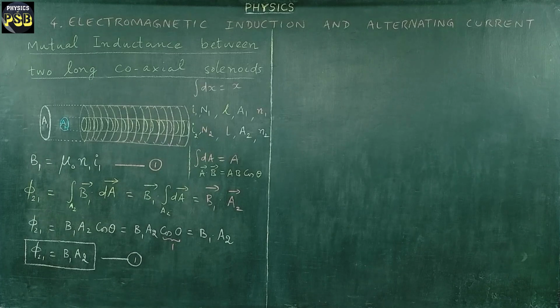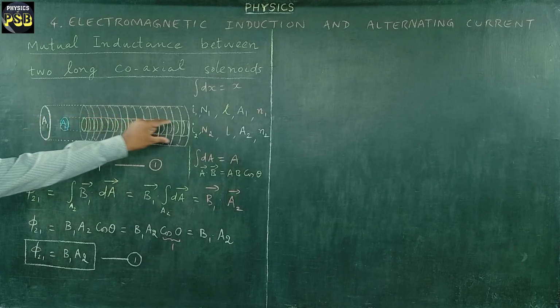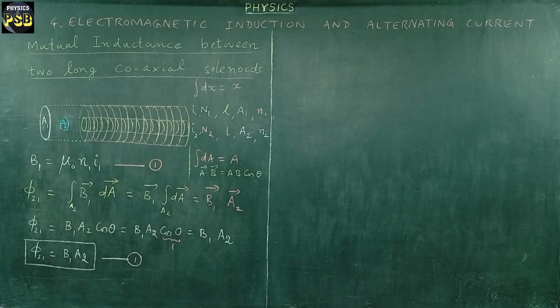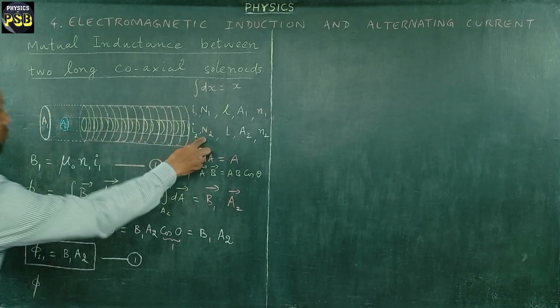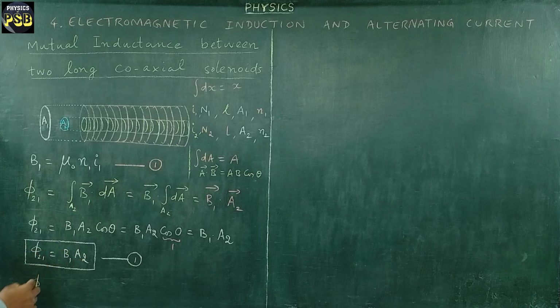What is the case? The total magnetic flux linked with the second solenoid can be obtained if you multiply the magnetic flux linked with each turn of the solenoid with the total number of turns. The total number of turns present in the second solenoid is N2. So to get the total magnetic flux, I multiply equation 1 with the number of turns in the second solenoid.